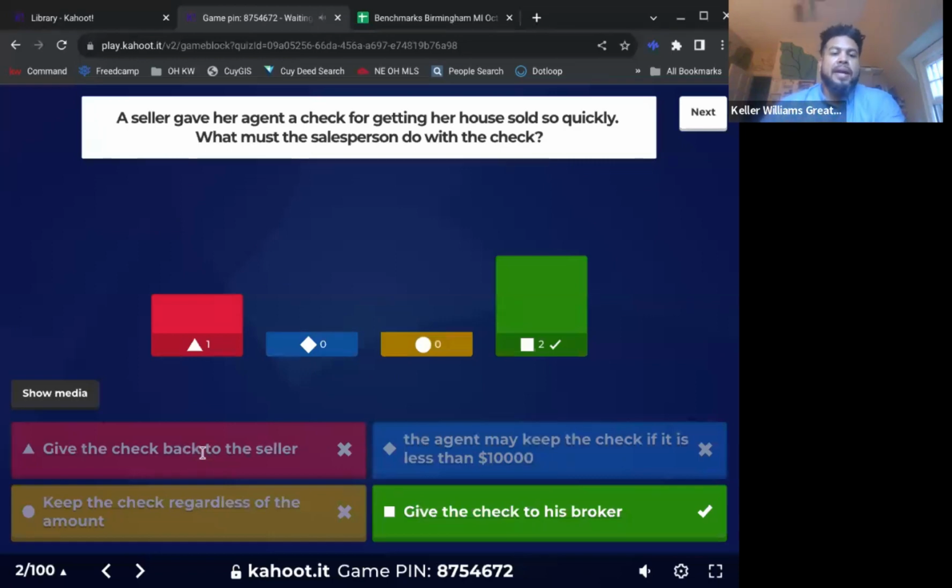You're allowed to be paid extra. It's just a matter of any payment from a real estate transaction must go through your brokerage. You have to be paid by the brokerage. So if you get an extra check or any kind of extra money, you have to turn it over to the broker, and then the broker will pay you. So it has to go into their account and then out of their account to you.